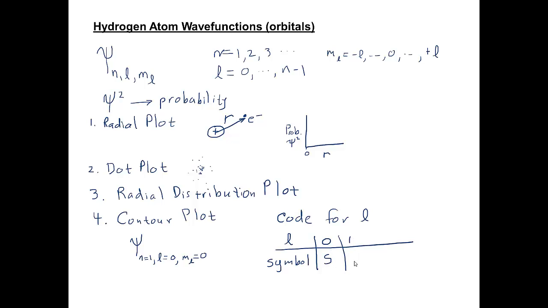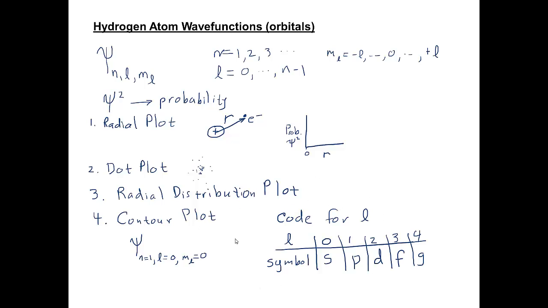When L is equal to 1, the symbol is p. When L is equal to 2, the symbol is d. These are all lowercase letters. When L equals 3, the symbol is f, and alphabetically after that. So L equals 4 is g, and then it goes h, i, j, and so on. These are the symbols that correspond to these different L values.